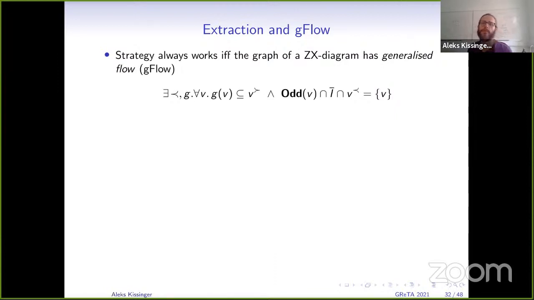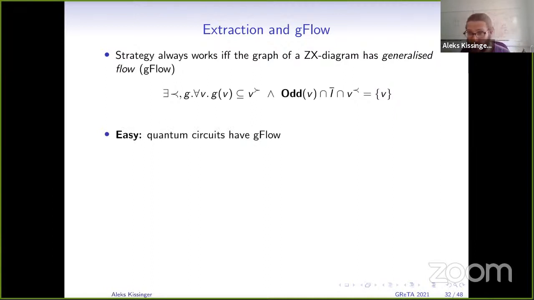I have a graph, and there exists some ordering and some function G from nodes to the power set of nodes, which satisfies some conditions. The important thing is that it's non-trivial, so not all graphs have a G-flow.